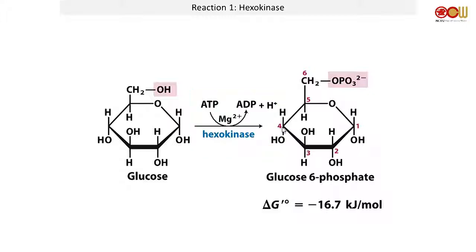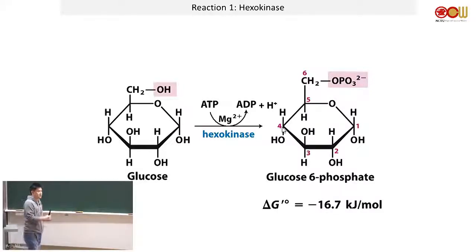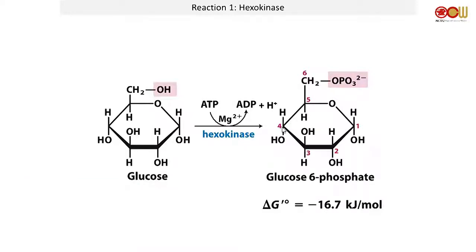So a "blah blah kinase" phosphorylates blah blah using ATP. Hexo comes from hexose, a 6-carbon sugar. So it's like hexose kinase, but people got lazy, so we call it hexokinase. It turns glucose into glucose 6-phosphate using ATP.